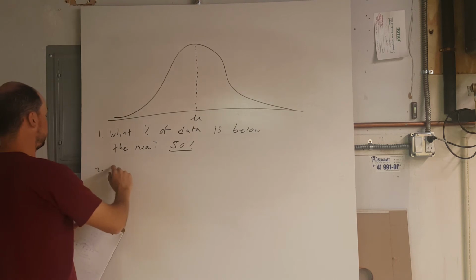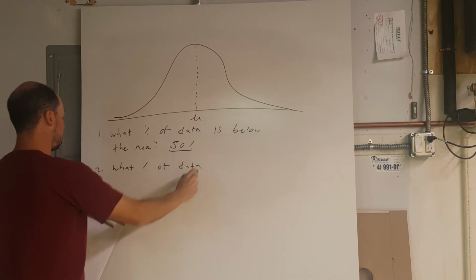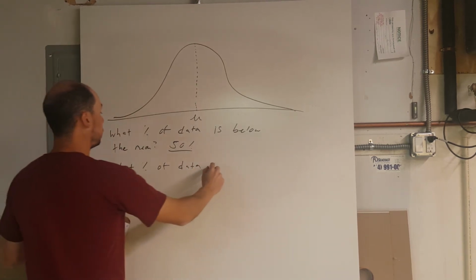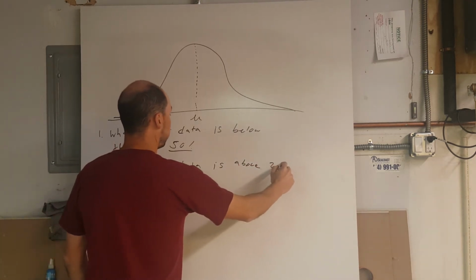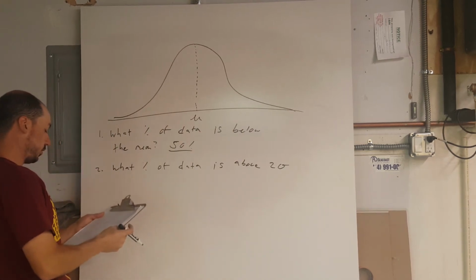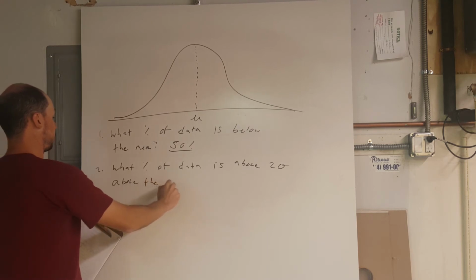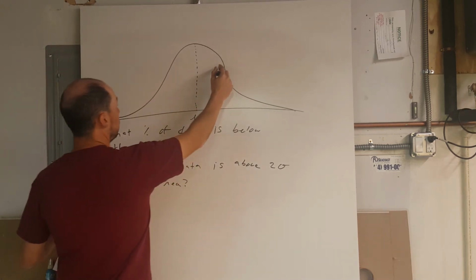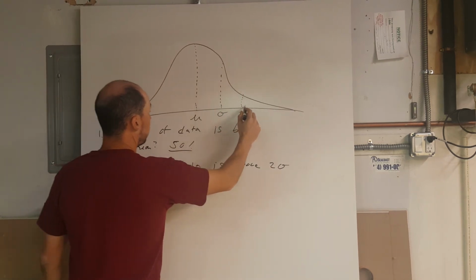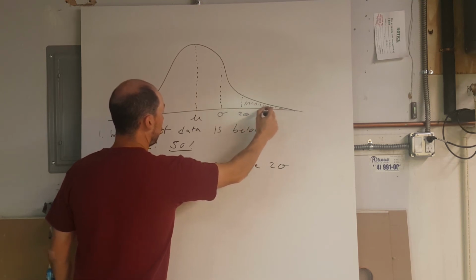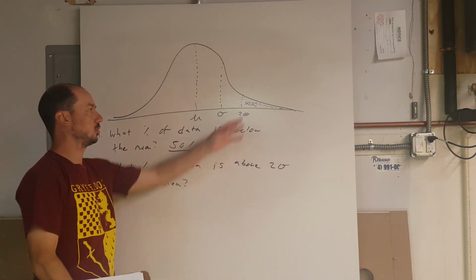Second question: what percent of data is above 2 standard deviations above the mean, 2 sigma? We've got 1 standard deviation here, 2 standard deviations here. I want to know what percent of data is in this section. Your first inclination should be, well, not much. If you get an answer that's more than 50%, no, it's not 50% of the curve.